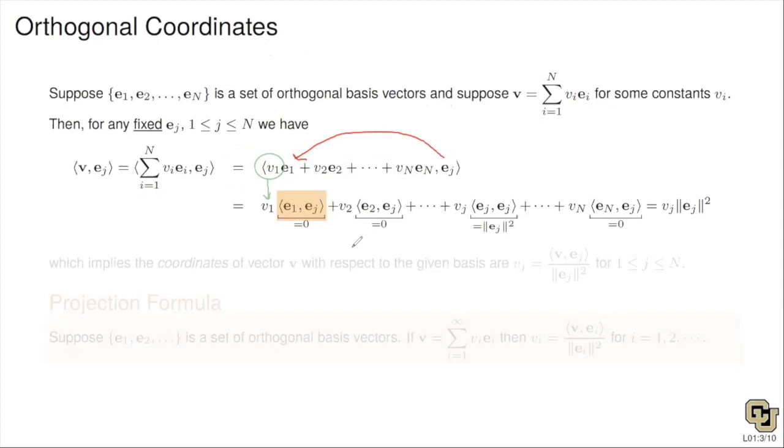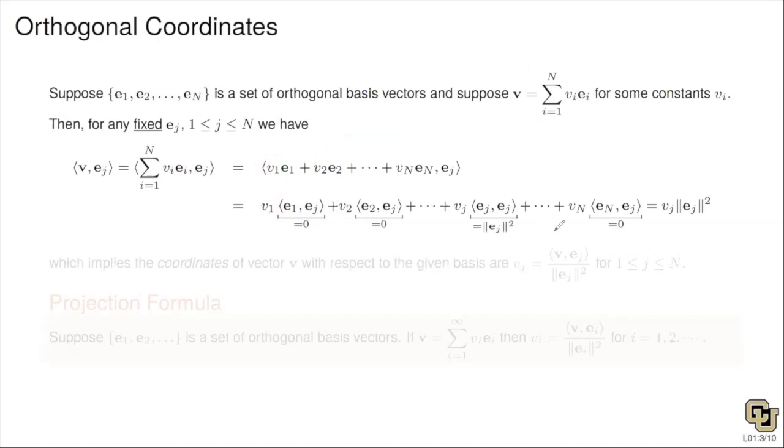And I'm doing that for every term: e sub j distributed to the e sub 2 term, pull out the v sub 2, plus e sub j distributed to the e sub 3 term times v sub 3, pull out the v sub 3. So we decompose the inner product into a sum of inner products.